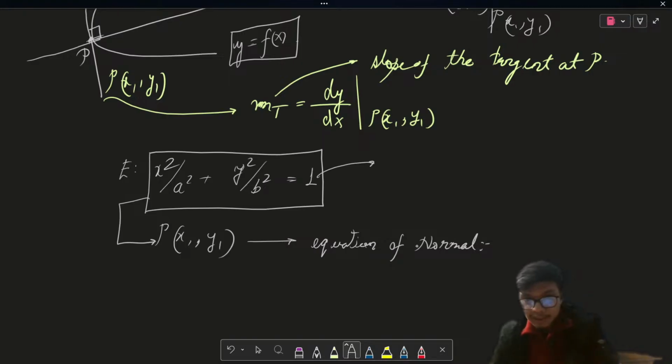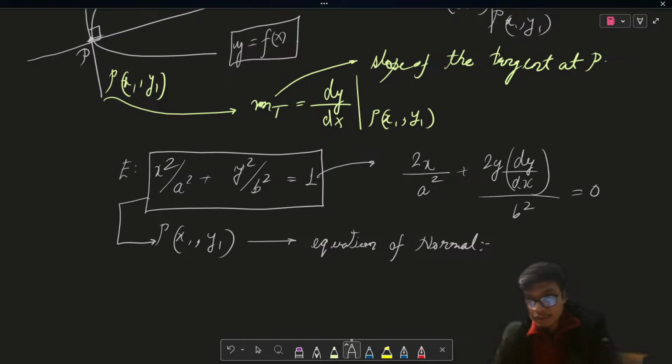So if I do that, at this point P, let me differentiate both sides. The first part will be 2x upon a square plus 2y dy by dx divided by b square is equal to 0.